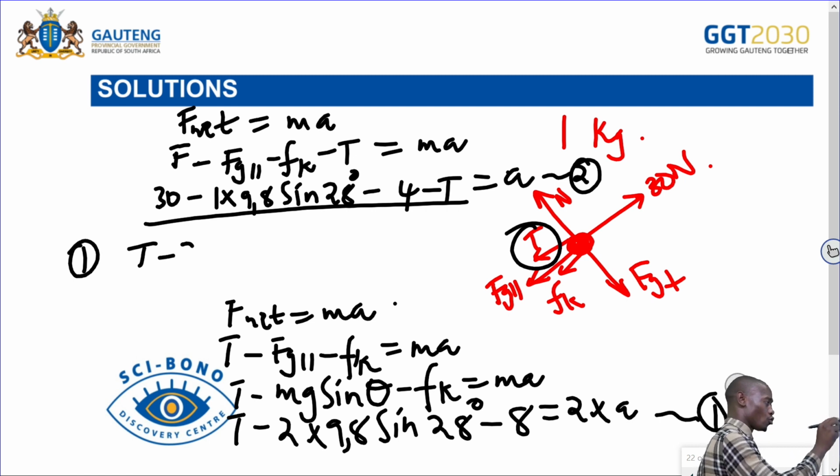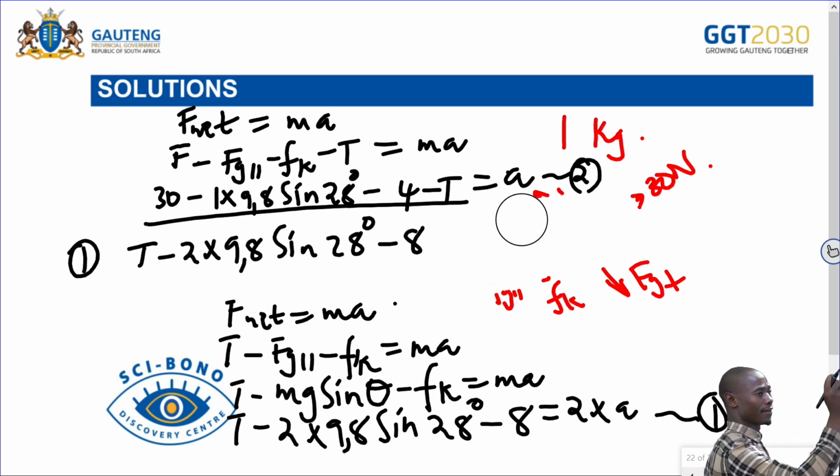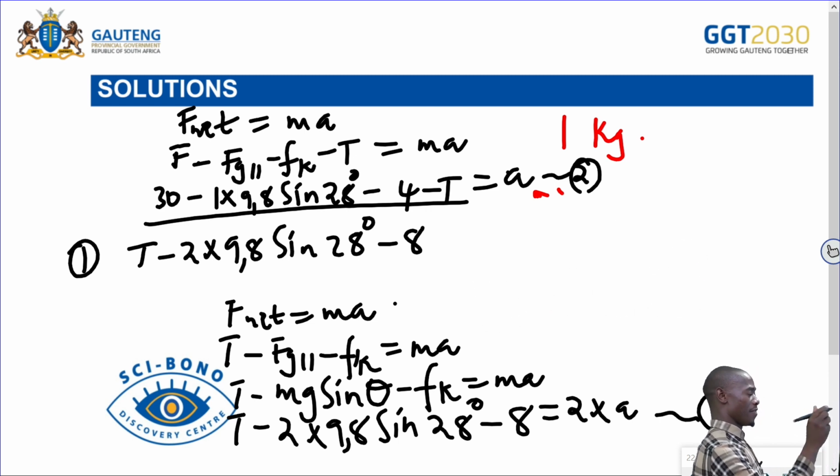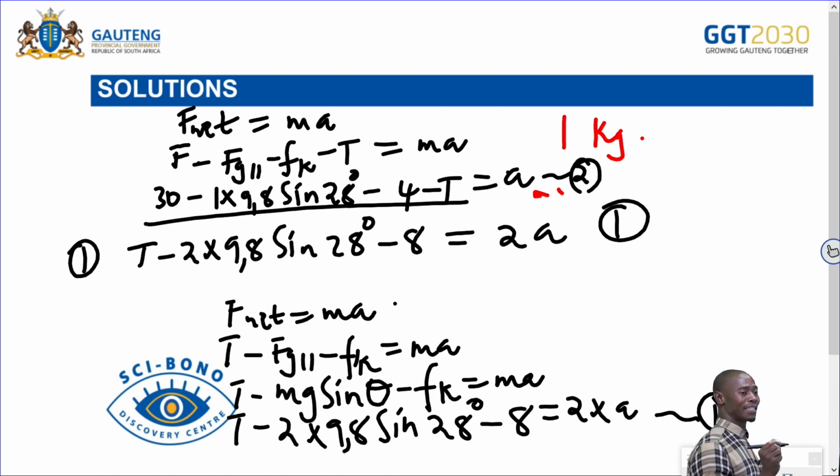T minus 2 times 9.8 sine 28, right? Minus 8. This is equal to 2A. This is equation 1, right? Okay. Now I'm substituting equation 2 into 1.